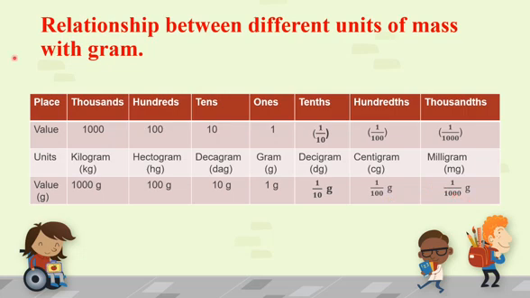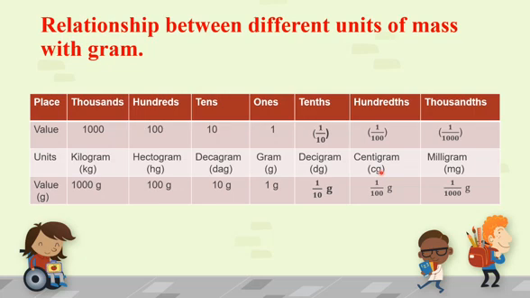Now children, I gave you a very nice shortcut method to remember the units, or I can say the prefixes, for all the units of length, units of mass, or the next topic which I will be giving in my upcoming sessions, for measures of length, mass and capacity.